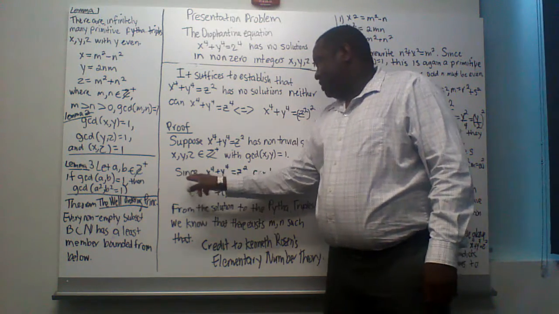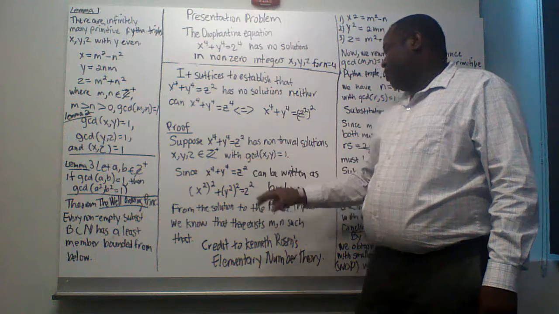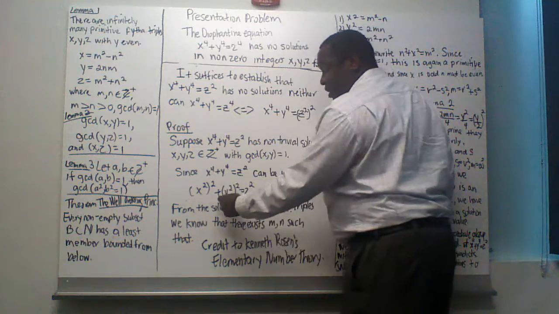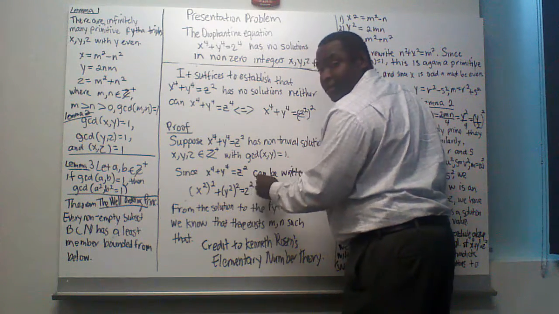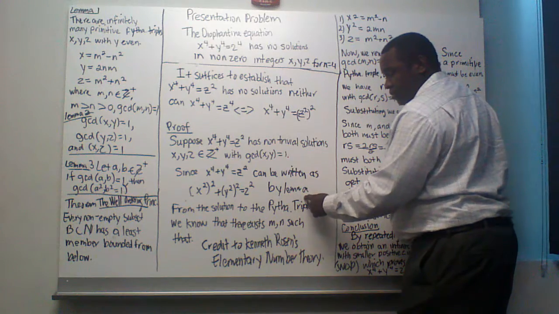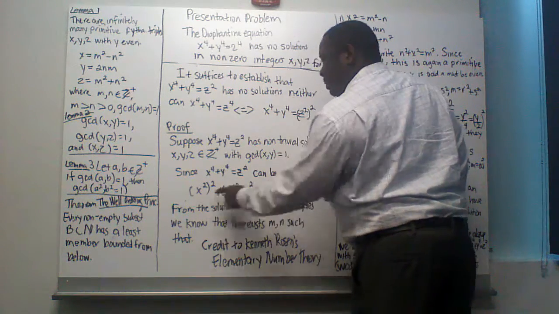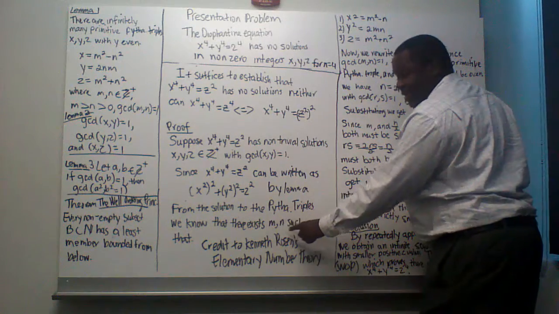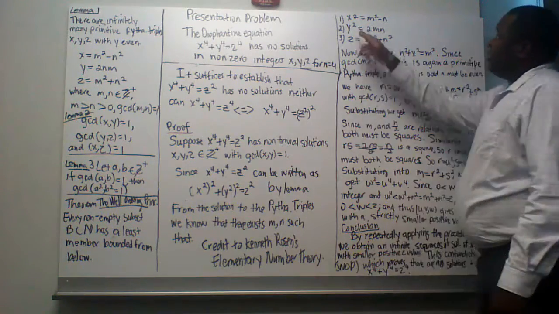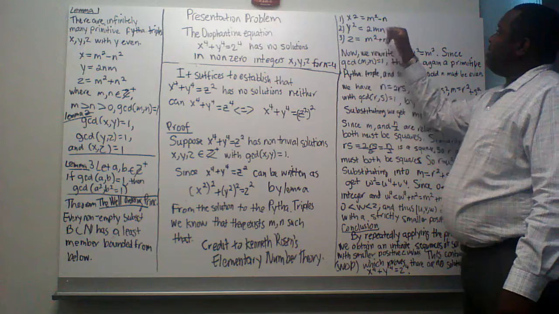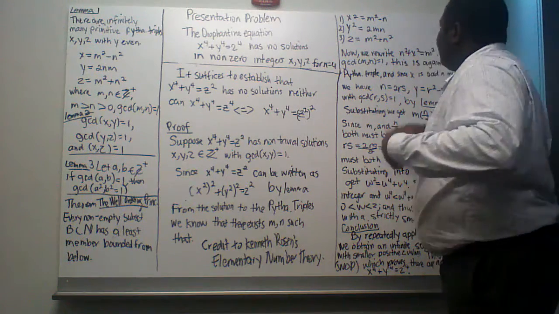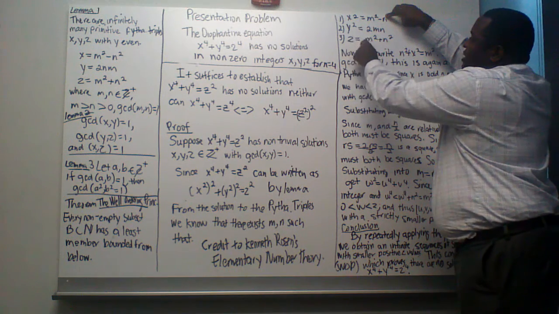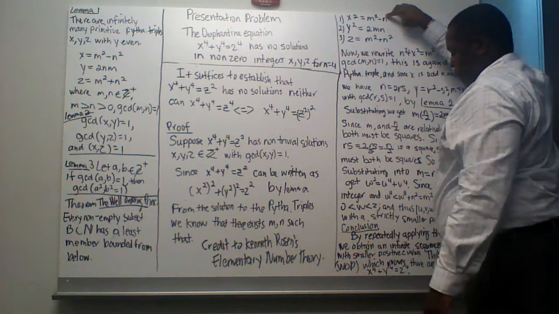So we have that, since x to the fourth plus y to the fourth is equal to z squared, can be written as x squared squared plus y squared squared is equal to z squared, by lemma 2 from the solution to the Pythagorean triples, we know that there exist m and n such that x squared equals m squared minus n squared. There's a square right there. You got y squared is equal to 2mn. You have z is equal to m squared plus n squared.